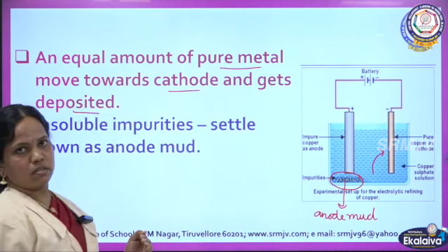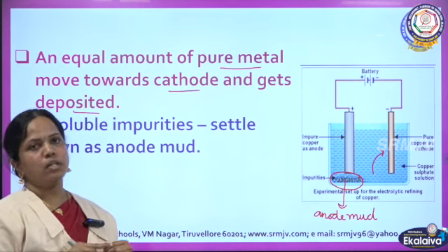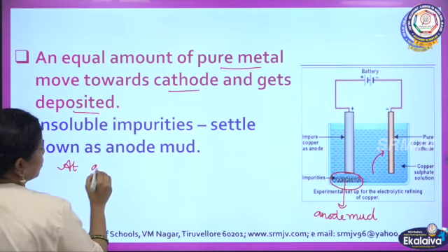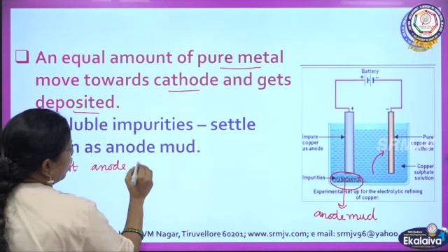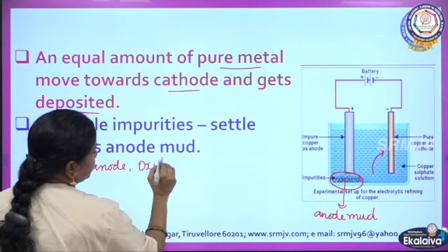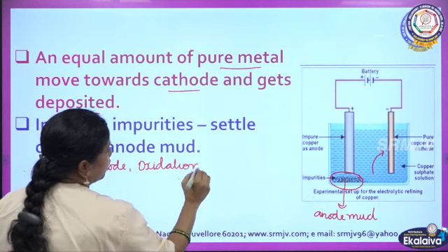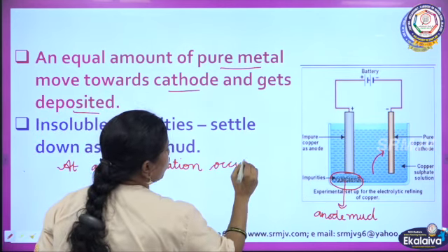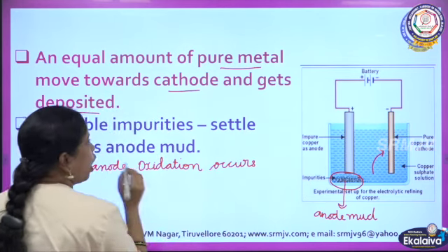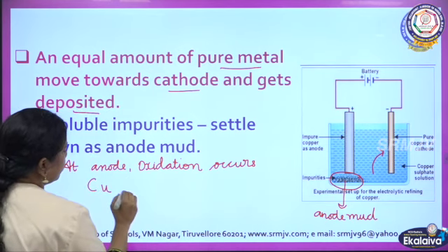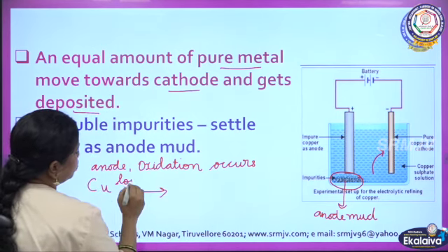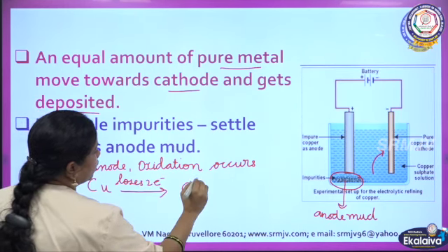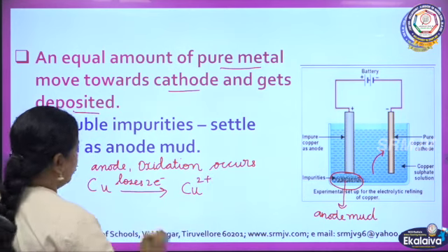So, in this process, both oxidation as well as reduction occur. At the anode, oxidation occurs, anox. Oxidation means loss of electrons. So, copper loses 2 electrons to form Cu2 plus ions.